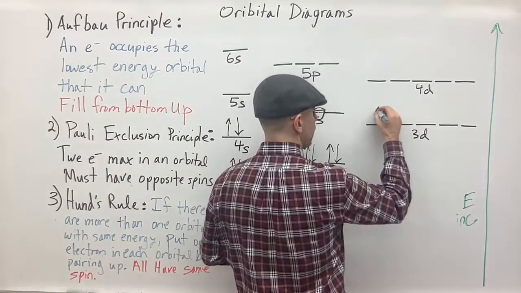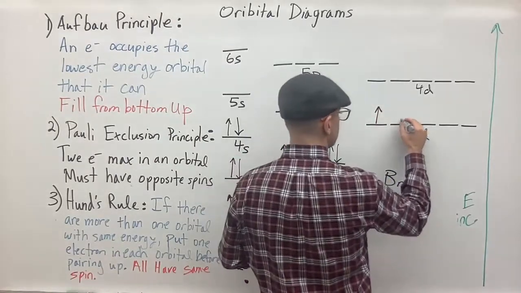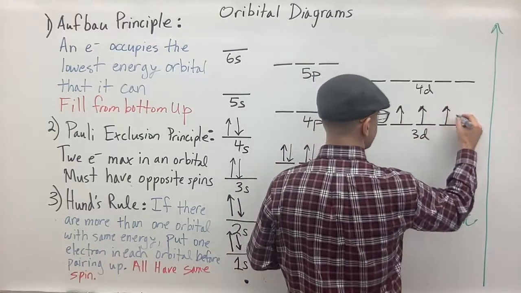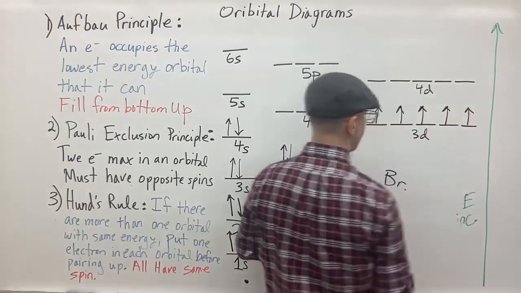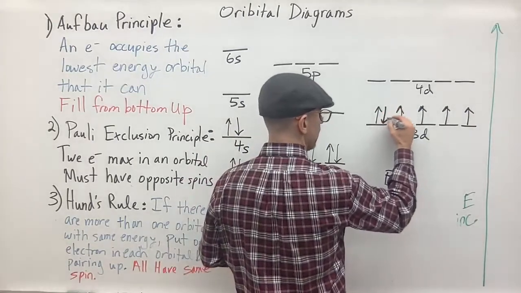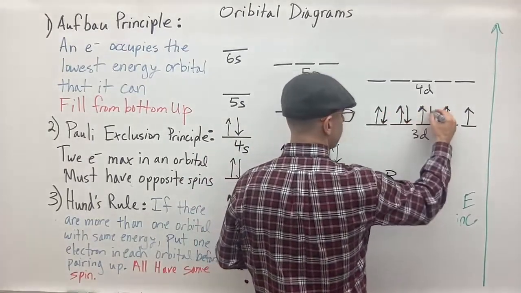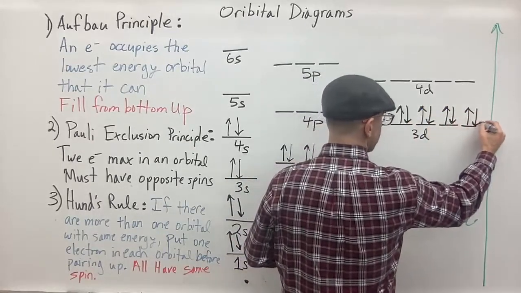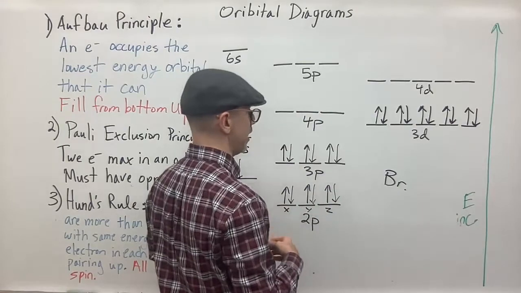So spin up, that's 1, spin up 2, spin up 3, spin up 4, spin up 5, and now we're going to pair them up. Spin down, spin down, spin down, spin down, and spin down.